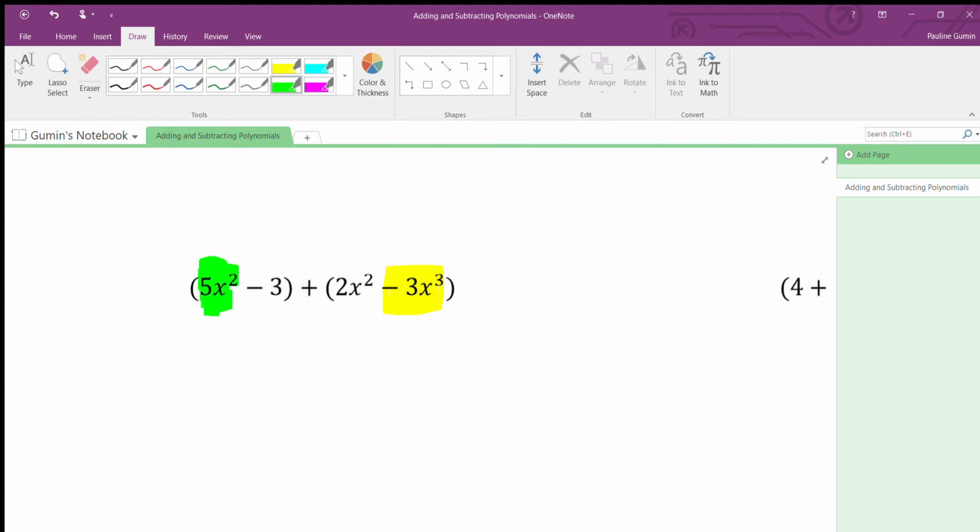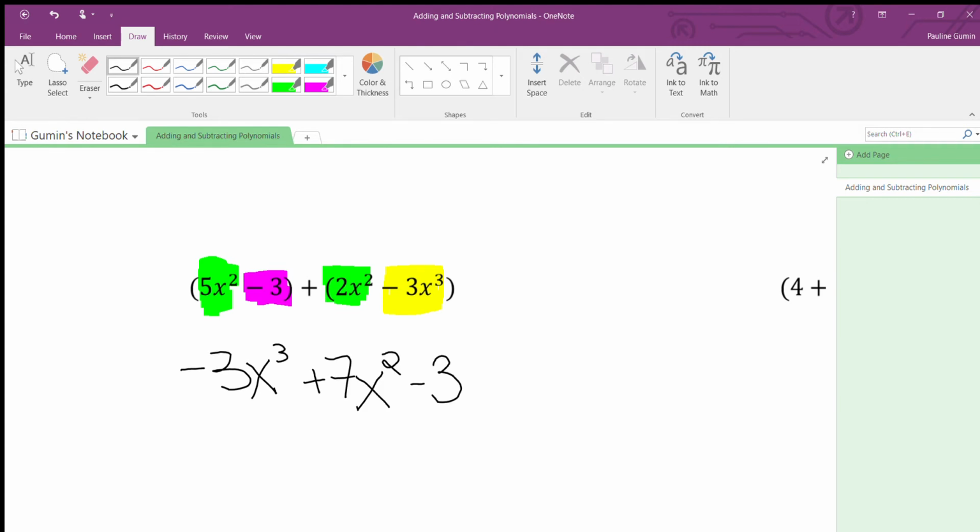Here's this one, and this one. And then I have my lonely minus 3. It's okay, minus 3. We're going to combine the two green colors you see here. 5 plus 2 gives us 7x squared. And we end with minus 3.